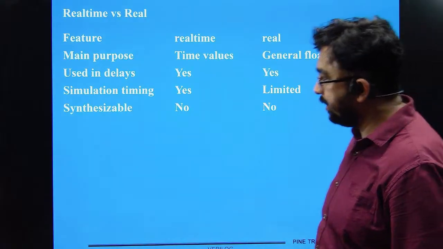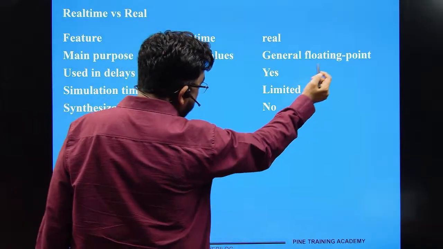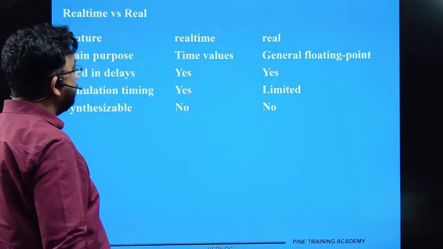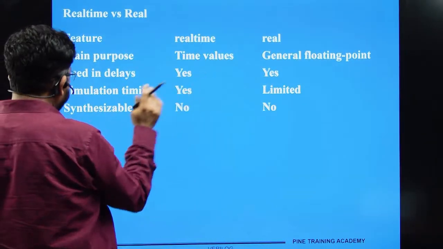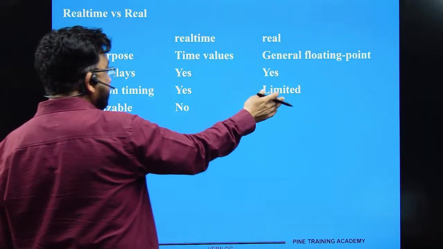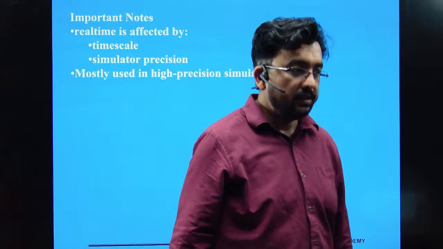Purpose difference between real and real time: real is mainly for any floating point application, real time is for any time values with respect to the simulation. Use delay, yes. Simulation timing, this is 100% for simulation. This is for limited. And synthesizable, no. Both are not synthesizable.